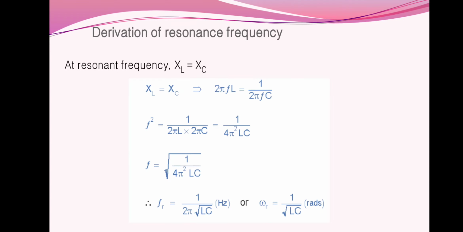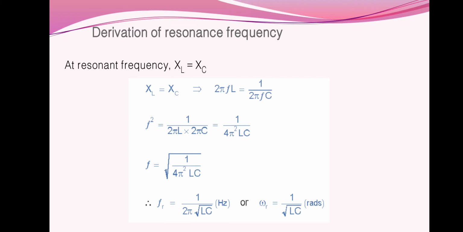Next, derivation of resonance frequency. At resonance frequency XL equal to XC, so we can write here XL equal to XC. We know XL equal to 2 pi FL and XC equal to 1 upon 2 pi FC. Next step, whatever the denominator term F, we can shift here.